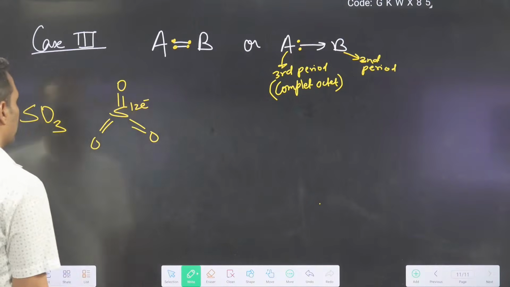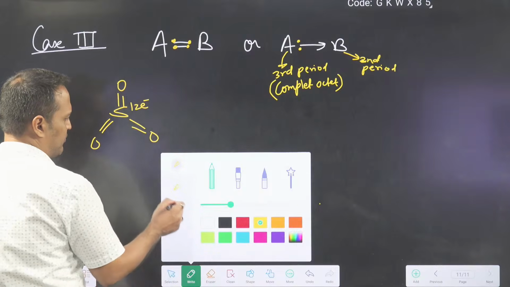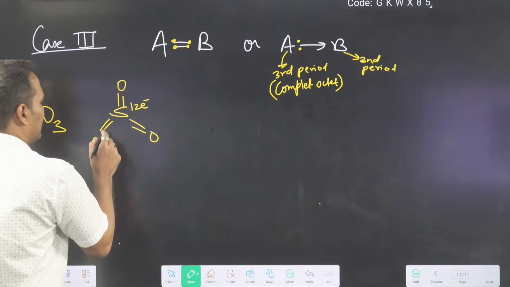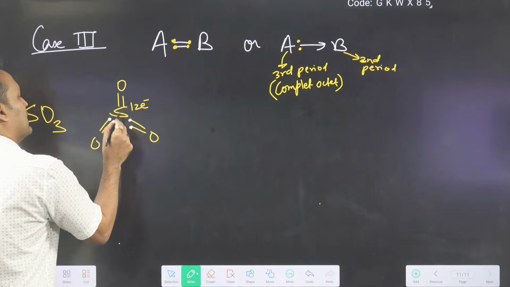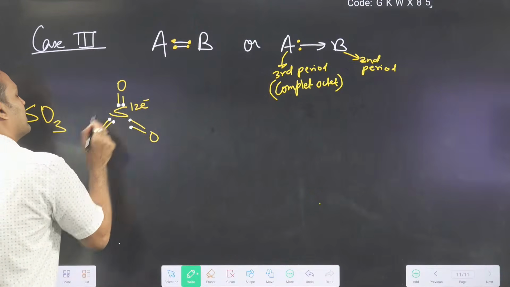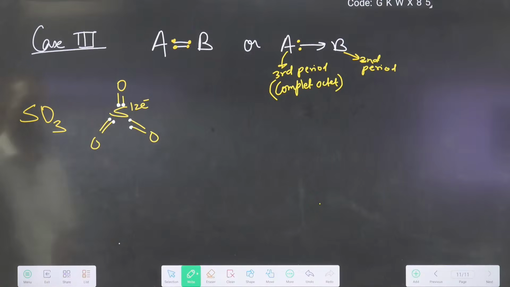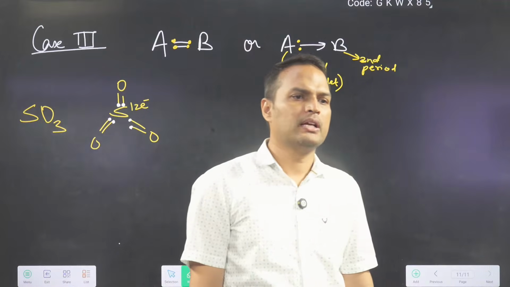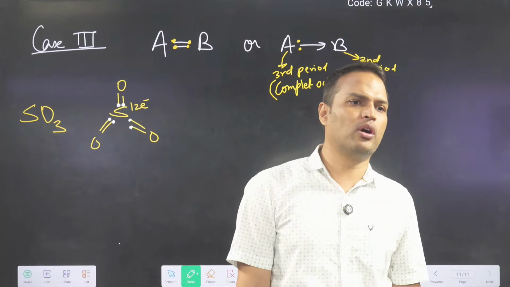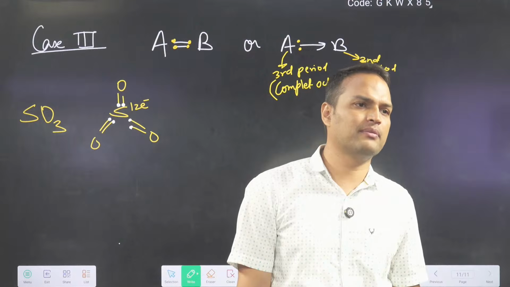Okay, so how is this SO3 formed? You can think like this: sulfur was having 6 electrons. It shared all the 6 electrons. 6 becomes 12. If they ask the number of bond pairs in SO3, it is 6 or 5.